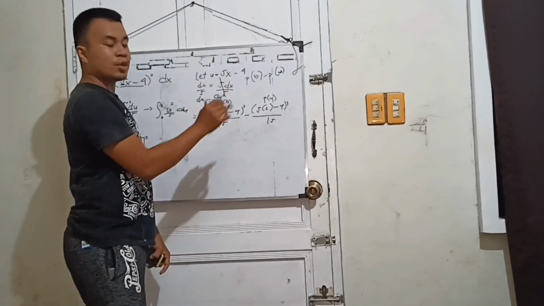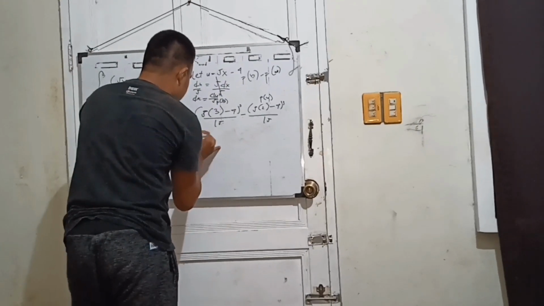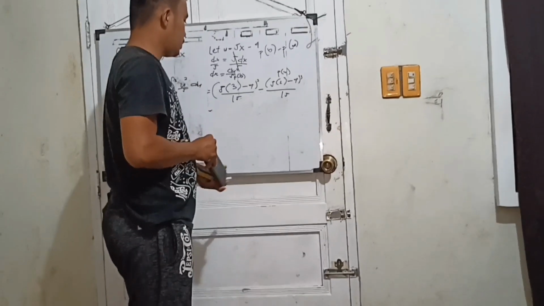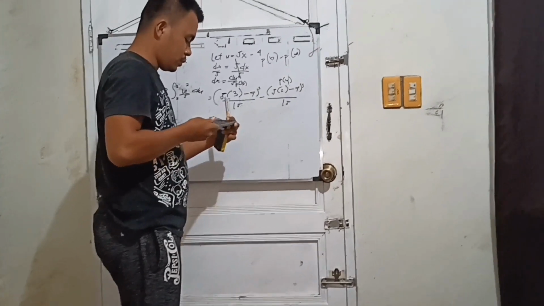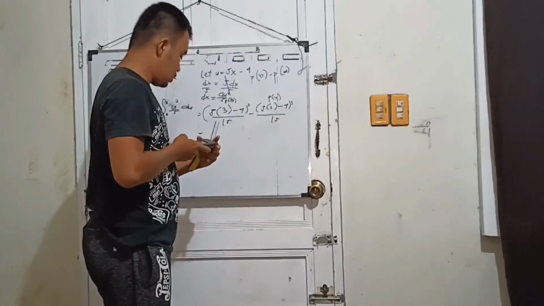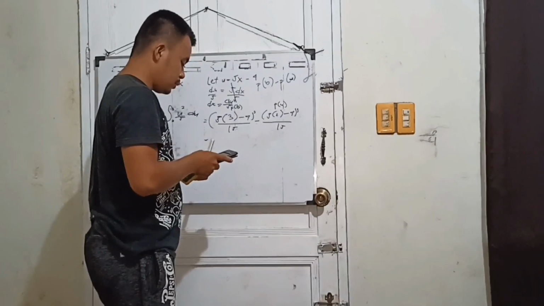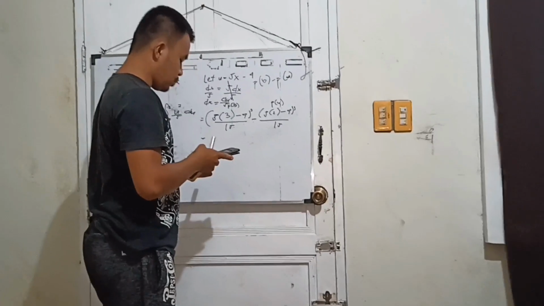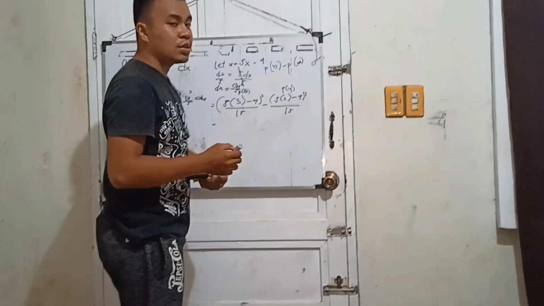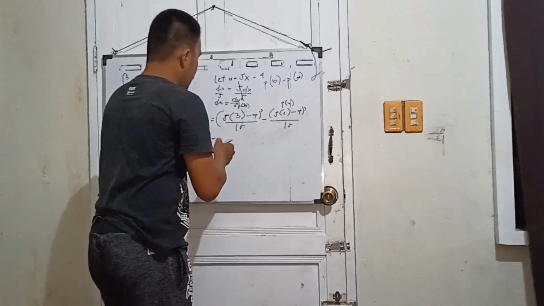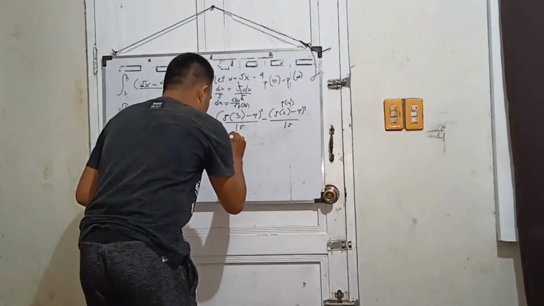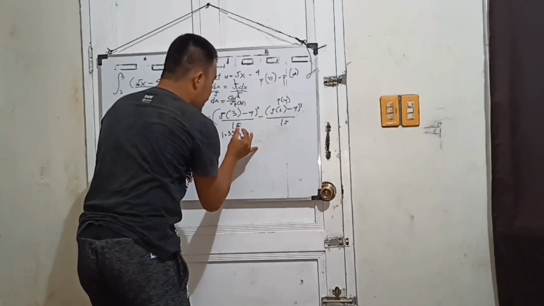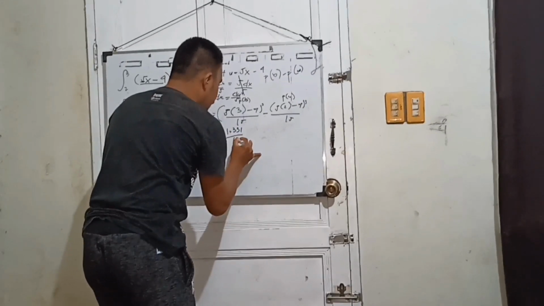So now we will solve it. 5 times 3 minus 4 raised to the third power is equal to 1,331. Copy the denominator, 15.